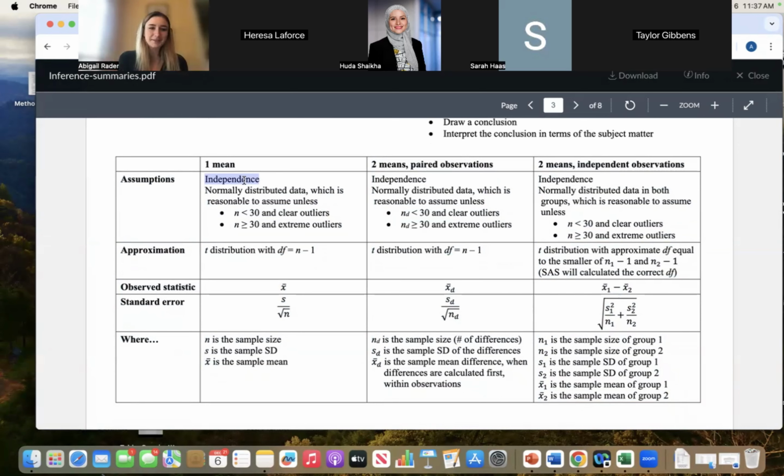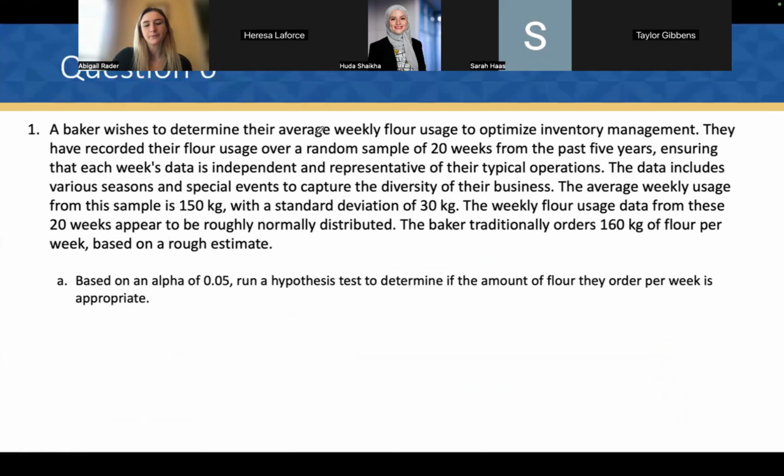I'd say there's no reason to believe they're independent, but who knows, weeks in a year can definitely be dependent on each other, like one right after the other. That your sample size is, in this case, less than 30, so we'd have to say less than 30, and there's no clear outliers. So just provide that text and you'll get full credit.